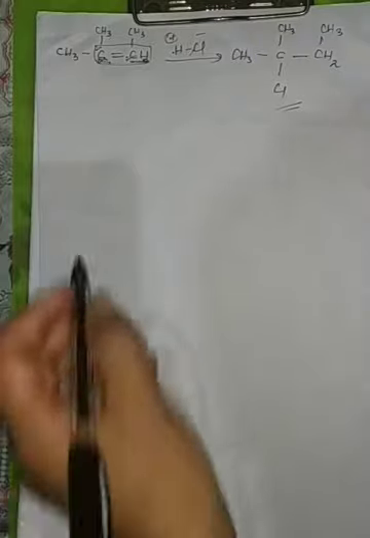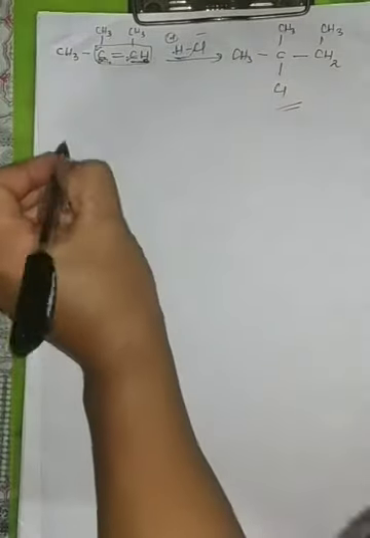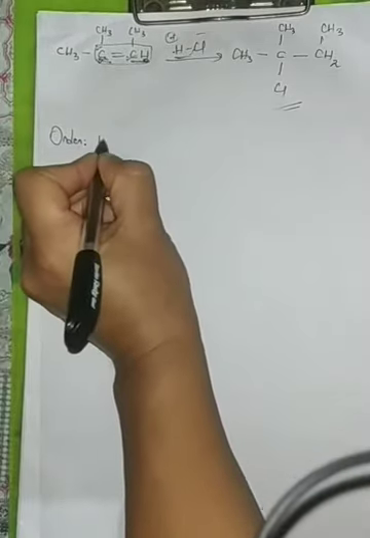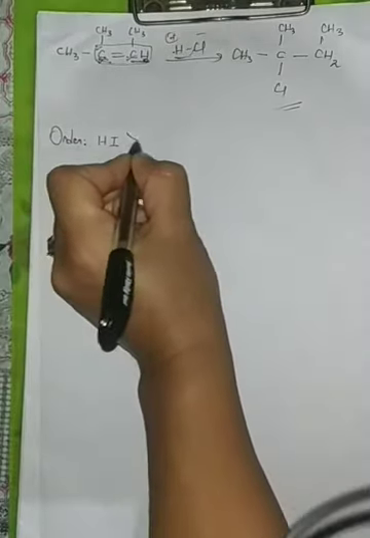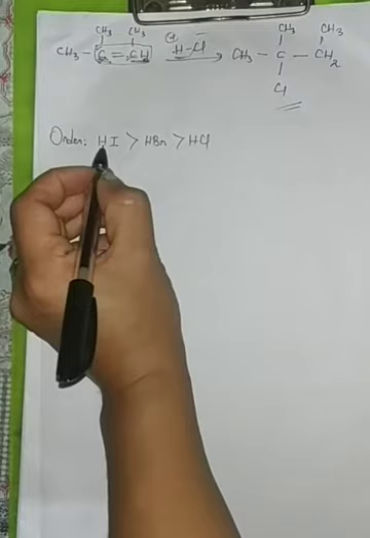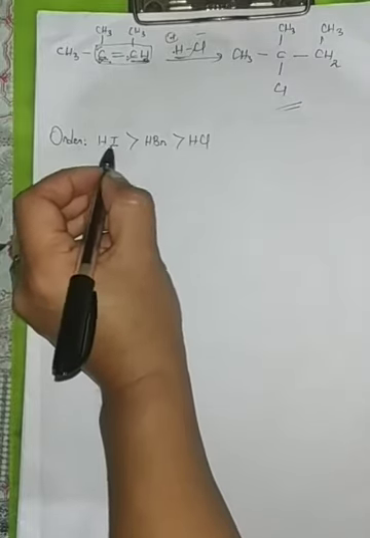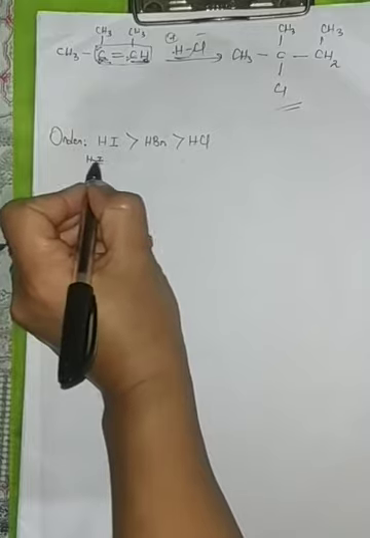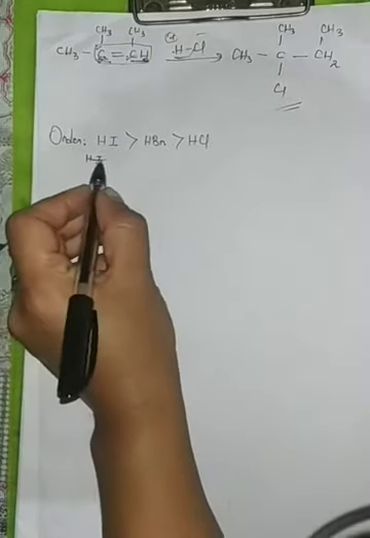Now for the reaction of these hydrogen halides, the order of reactivity is hydrogen iodide more reactive than hydrogen bromide, more reactive than hydrogen chloride. Now why is it so? Because the bond length of hydrogen iodide is longer as compared to the others, therefore it takes less energy.